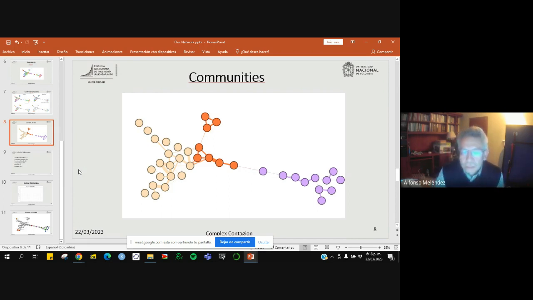I guess this, for example, could be 2 communities, one here and one here, okay? The algorithm joined these 8 people as one community. I don't know why, okay? But I guess 4 communities is more correct. This 1, this 2, 3, and 4.